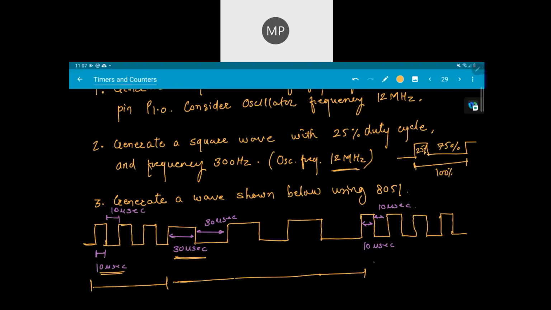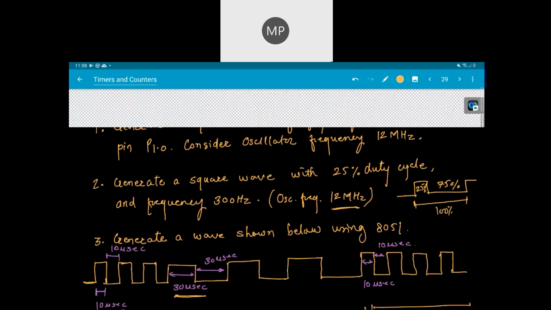And again in the third part the width of pulse is 10 microsecond. So ultimately you have to use different values of TL0 and TH0 for producing different pulse widths or these respective delays of 10 microsecond or 30 microsecond in the second part, and again 10 microsecond in the third part, right? So accordingly you have to manage your coding.